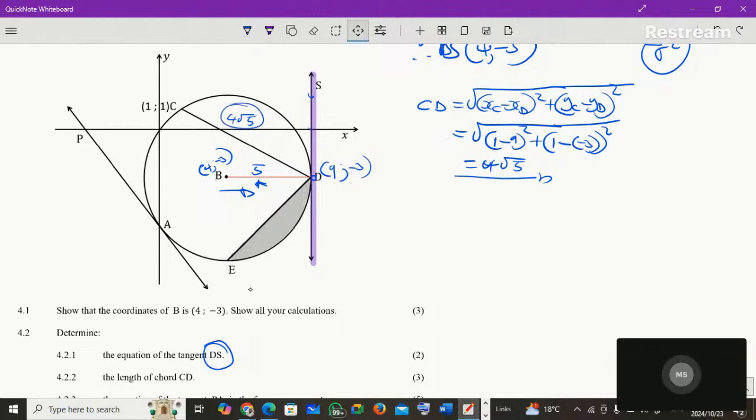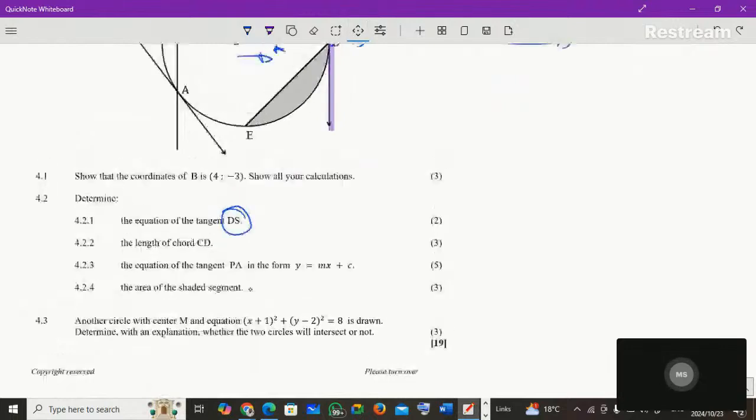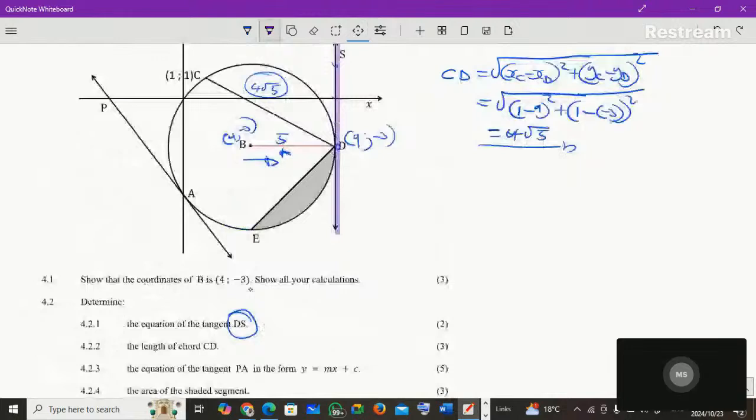Okay, now let's see whether it will help us with the tangent PA in the form mx plus c. So the tangent PA is this tangent. Now they are looking for which tangent? For this one. What do we know about this tangent?